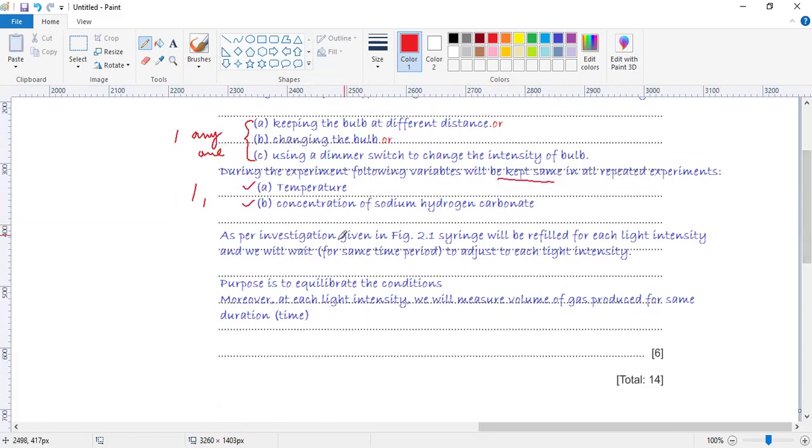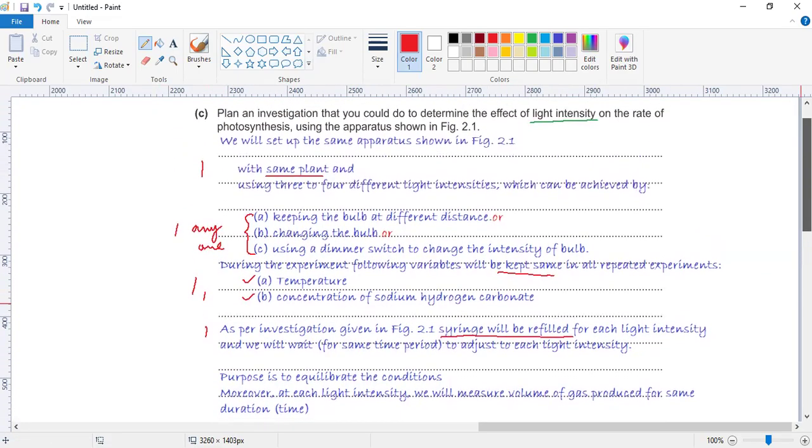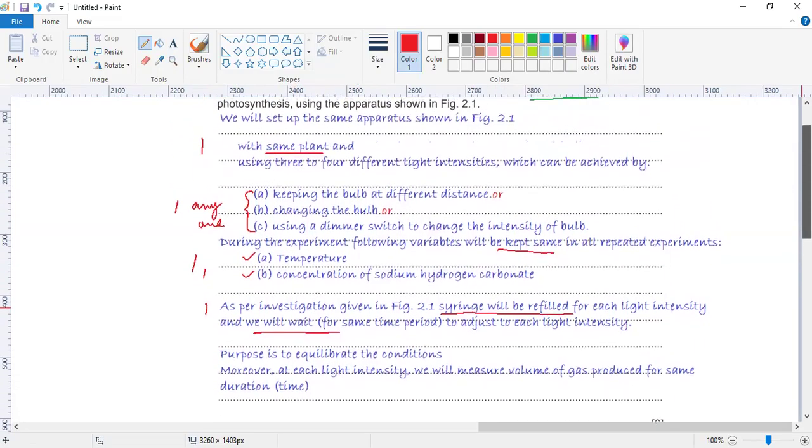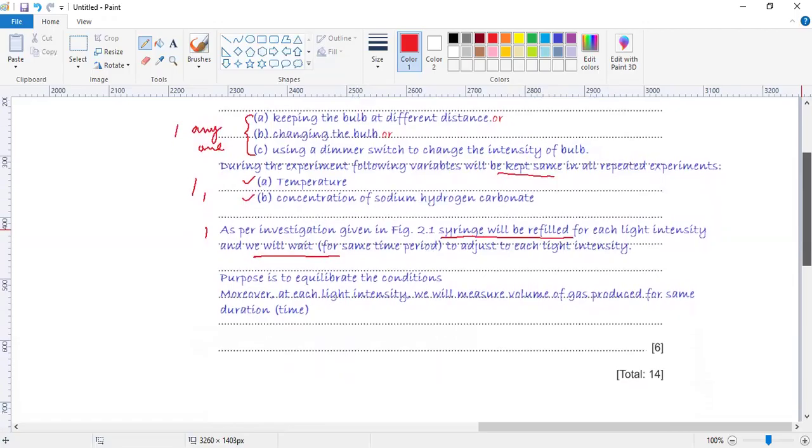And as per the investigation given in figure 2.1, the syringe will be refilled again and again whenever you are performing the experiment with a different intensity. So you must mention this as well. So 1, 2, 3, 4, 5 marks. And the main reason for this is that we will wait to equilibrate the conditions. So up to here we get the 5 marks, 1, 2, 3, 4, 5.